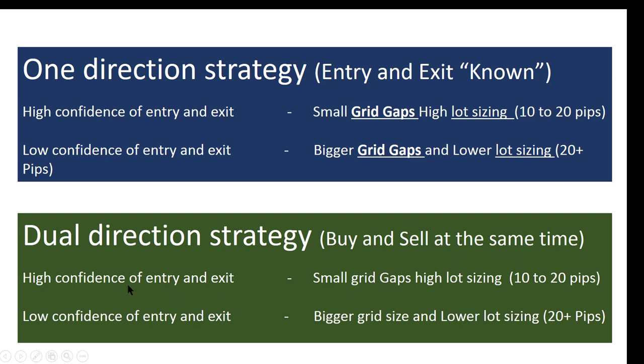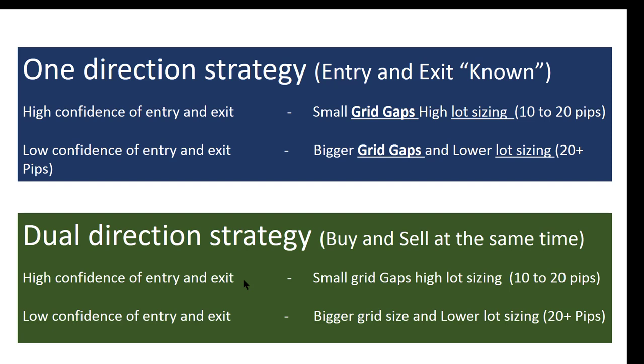Now, if you've got a high confidence about the entry and exit of the sideways movement, so in other words, you'd know the range, the upper range and the lower range, and maybe if it breaks out of that range, you don't want to use the strategy anymore. If you've got high confidence, then what you would do is you'd use small grid sizes with high lot sizing.